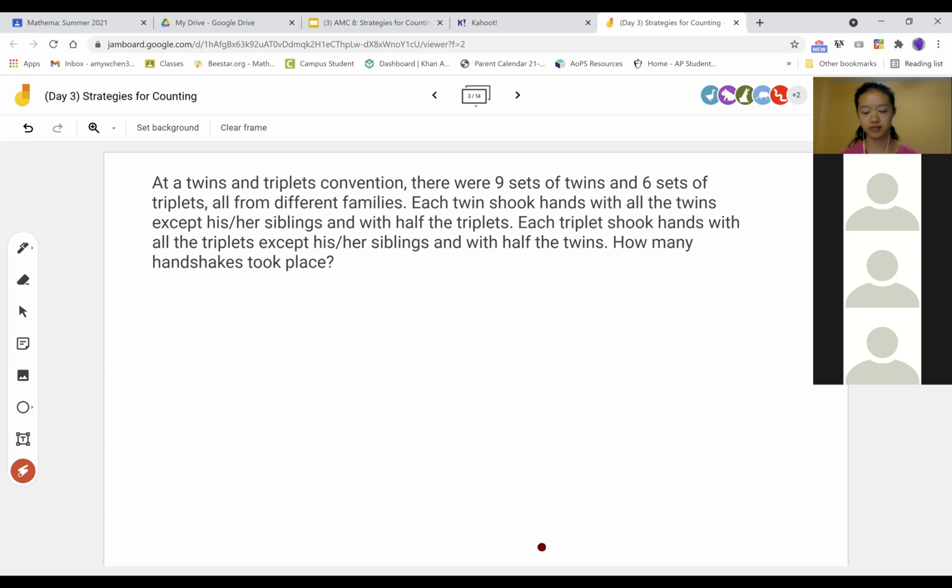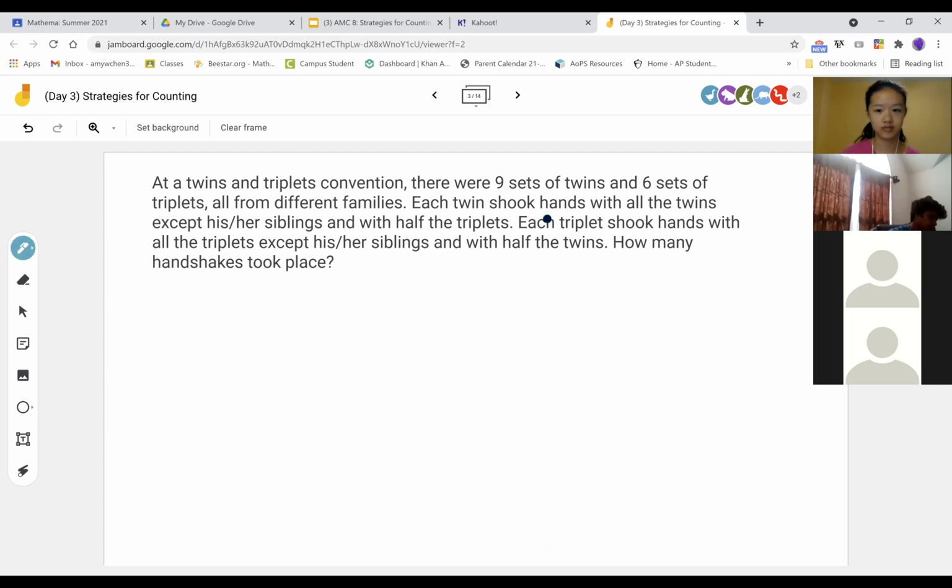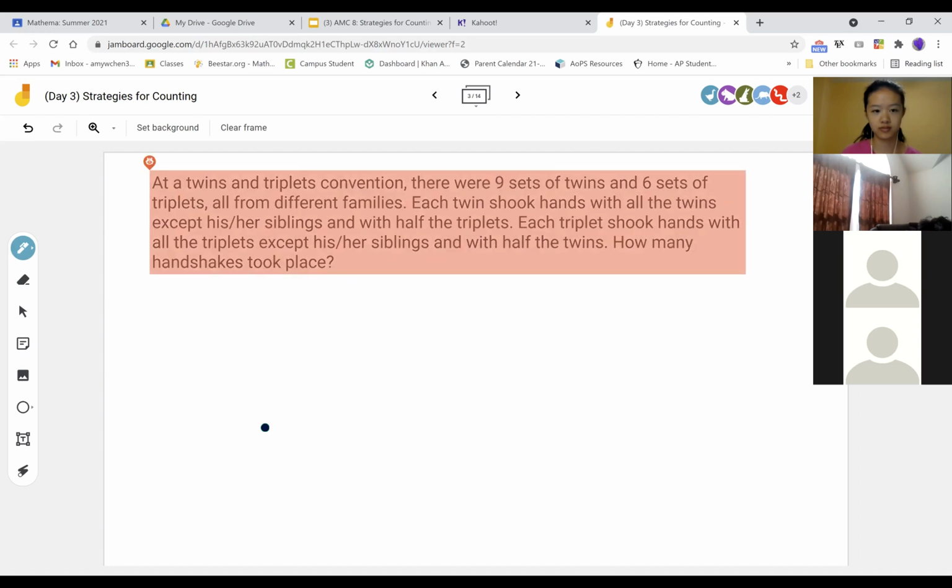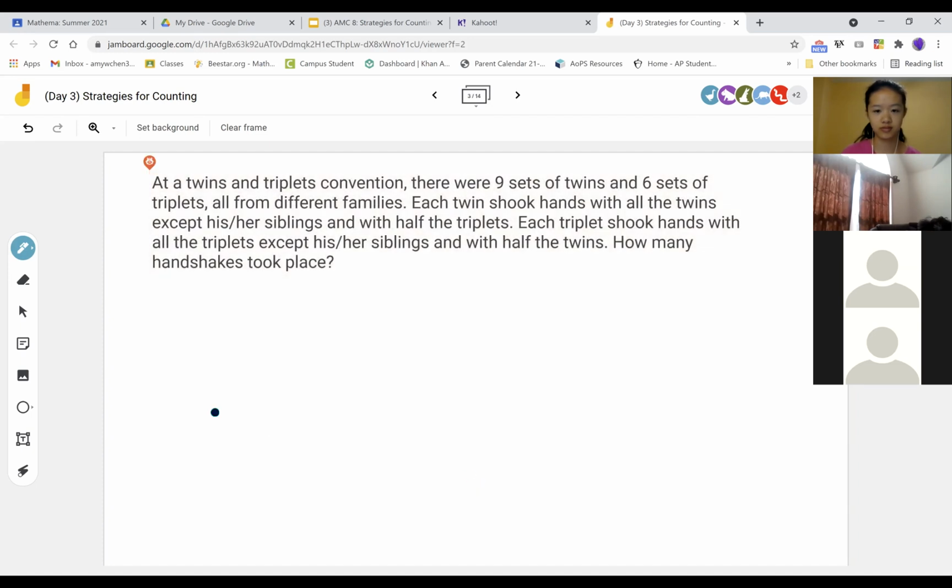Okay, so I'm not completely done, but if you look at the problem, each twin would shake hands. Oh wait, do I need to double everything with 48 people?